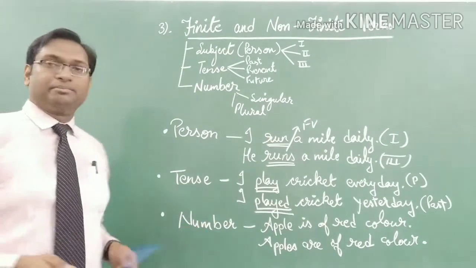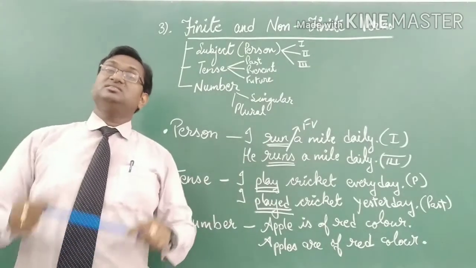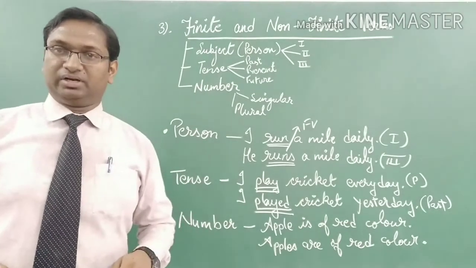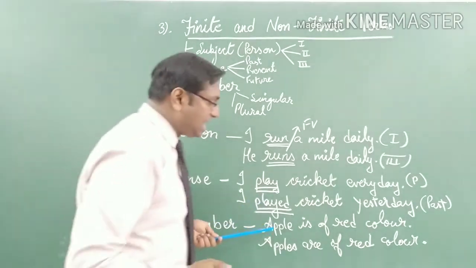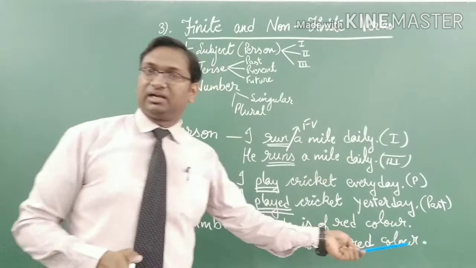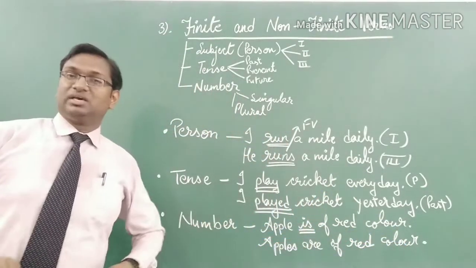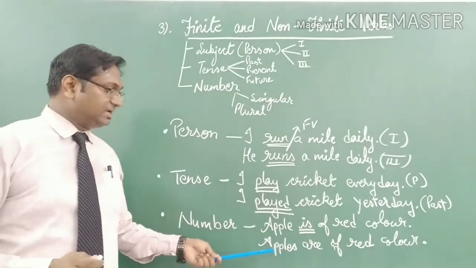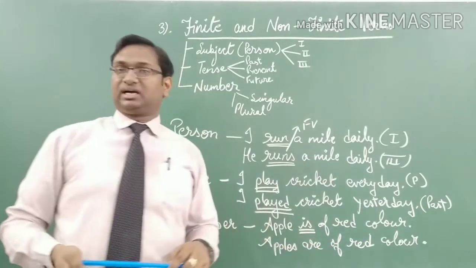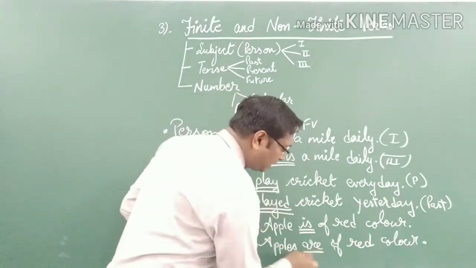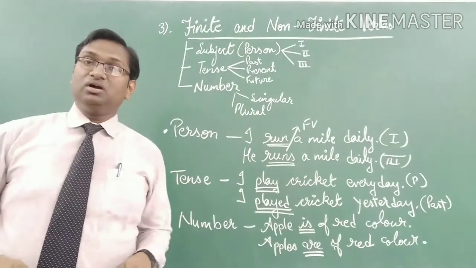Next is number. That is, the subject is singular or plural. So first example, apple is of red color. Now over here is is your verb. Second, apples are of red color. Over here are is your verb.